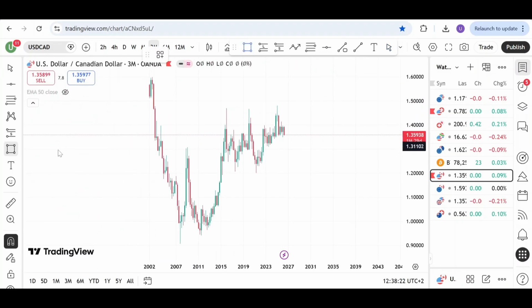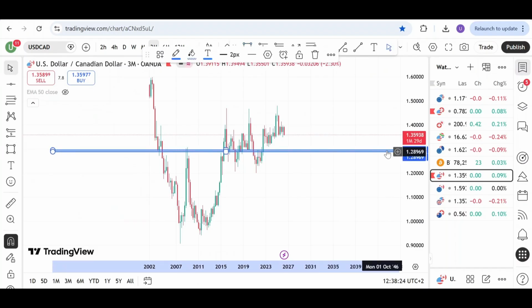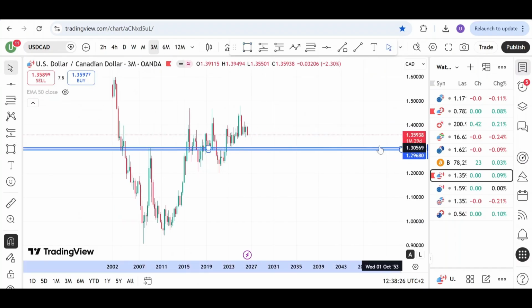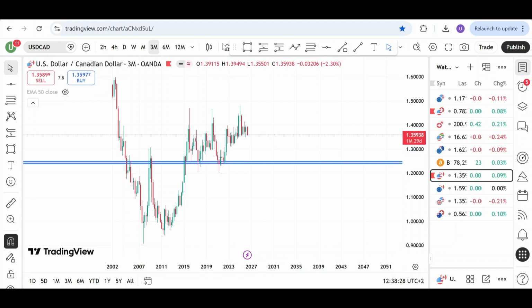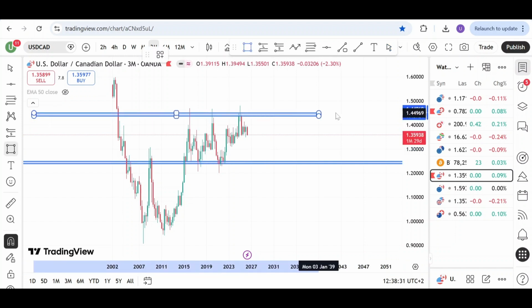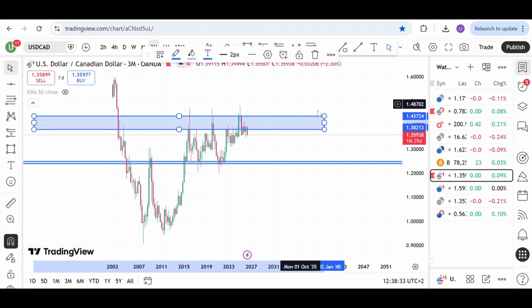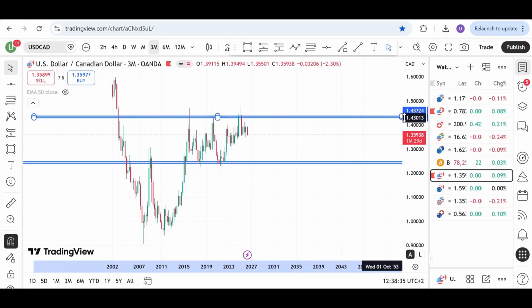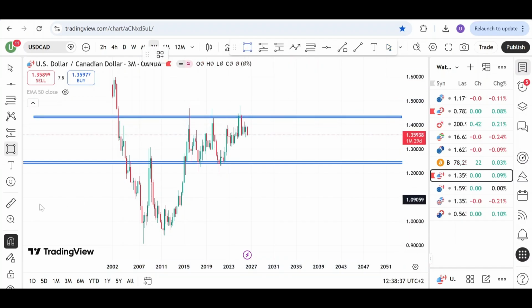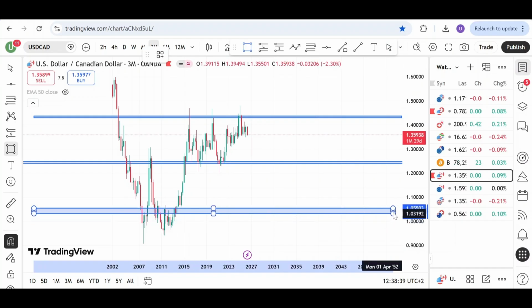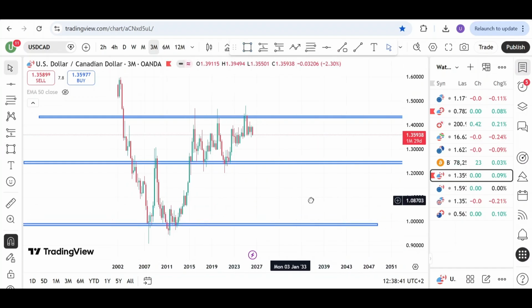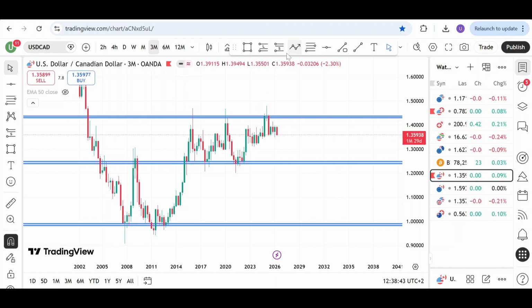Okay, as you can see, the 3-month time frame of USD CAD. This is a zone here, and also this is another zone here. This is the upper zone here, and also this is a zone here. We are in a downward trend, even if we are in a range or a consolidation.